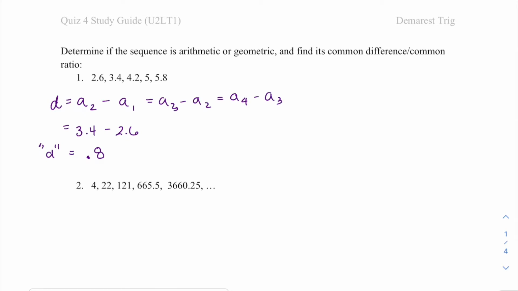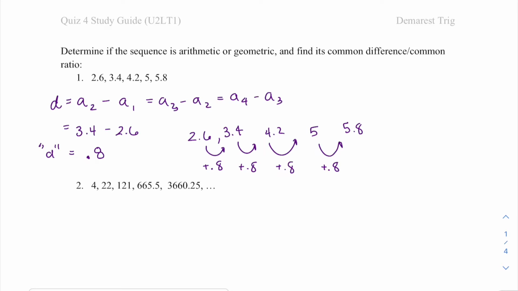Or I can just simply get in my calculator, do 2.6 plus 0.8, see that that's 3.4. 3.4 plus 0.8, I'll see that that's 4.2. 4.2 plus 0.8 is 5. And then 5 plus 0.8 is 5.8.